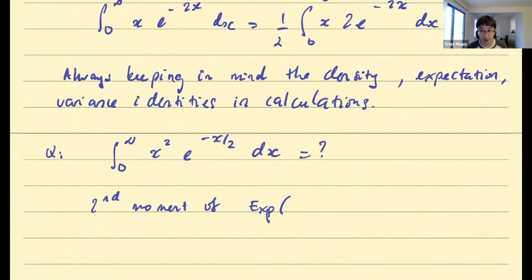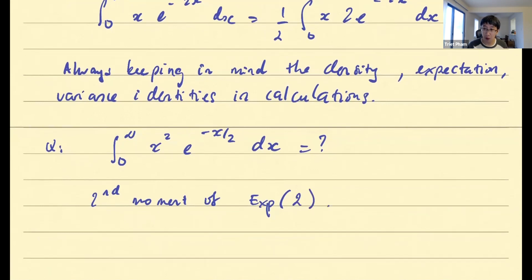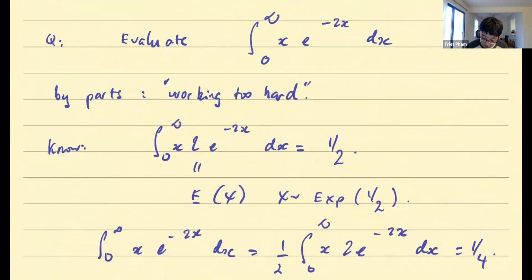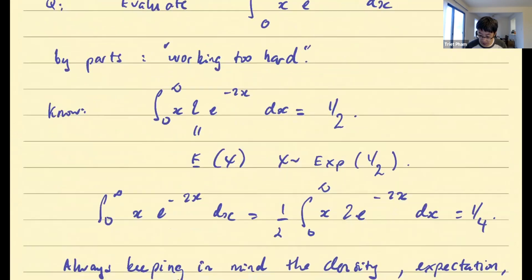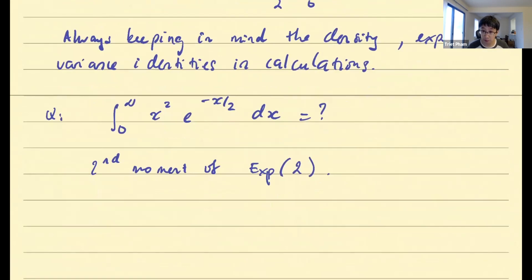You need to identify that to be able to do the problem. So the exponential is exponential 2 because it's 1/2 in the notation here. Okay, because of the 2 here.